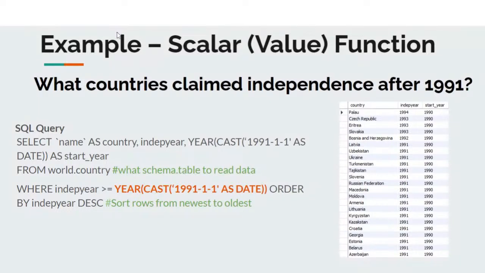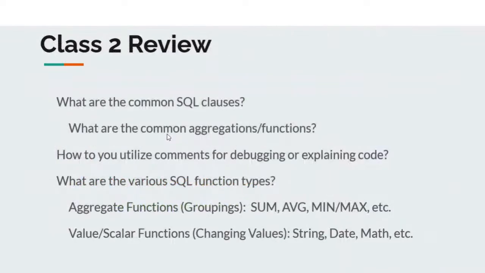All right. So that was the last example that we had with scalar functions. What did we cover today? The common SQL clauses, all the basics that go into a single query. Your select, which gets the columns, and your from, which selects a table. Those are the two required ones. Then you have where statements that limit it. You have group by that goes with aggregate functions like sum, average, min and max.